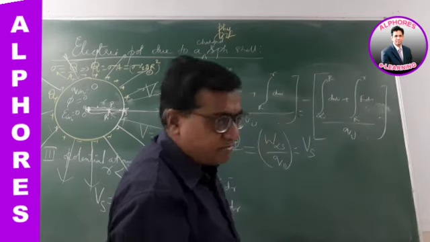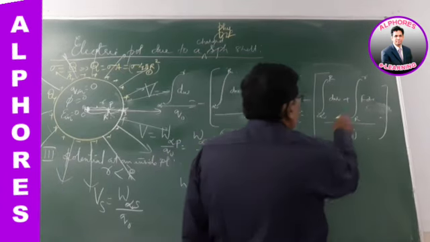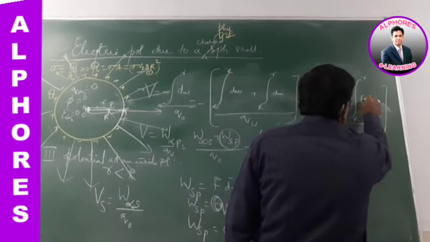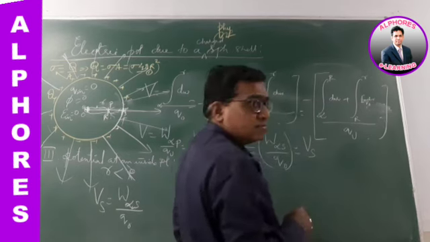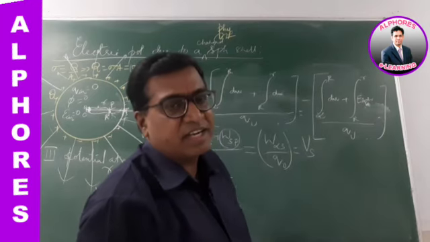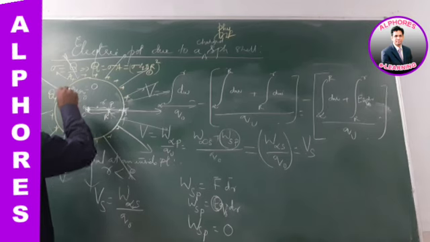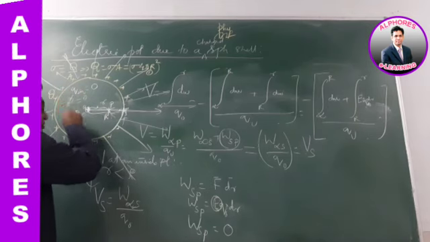But you know the force F inside the sphere in an electric field is F equal to E into q naught. But for a charged hollow conducting sphere, there is no charge inside, no flux inside, no field inside.